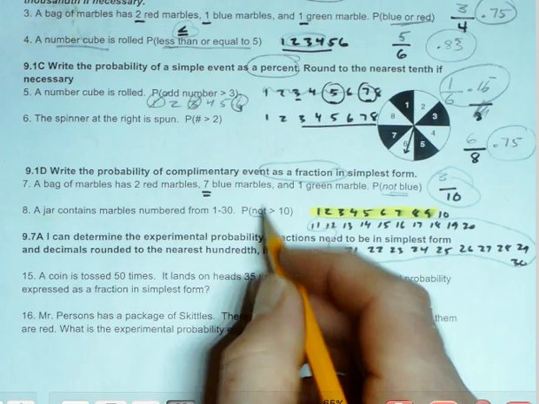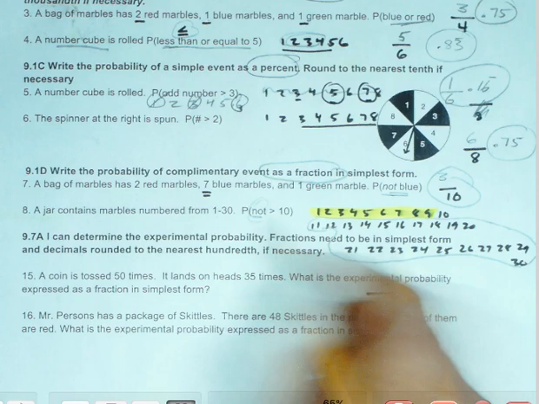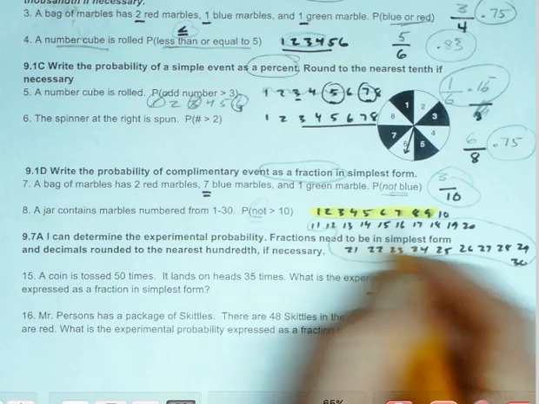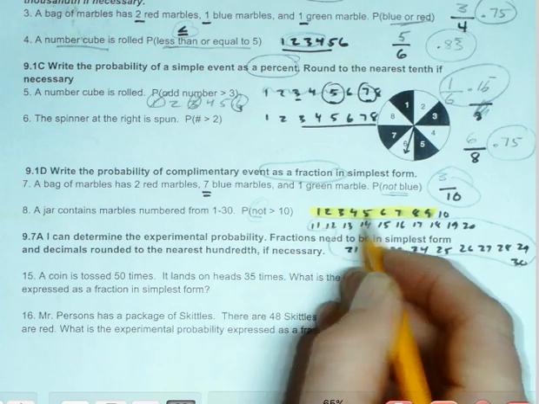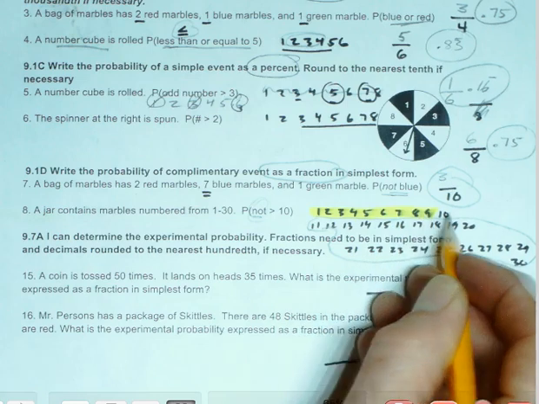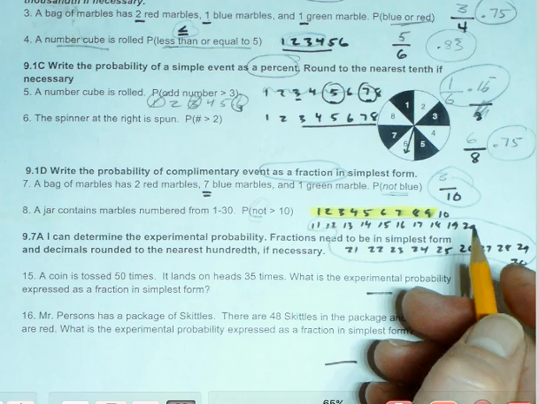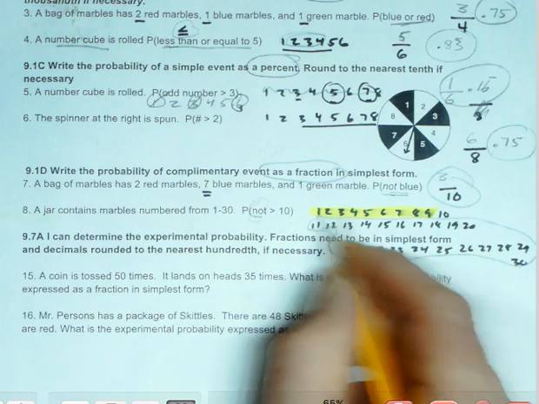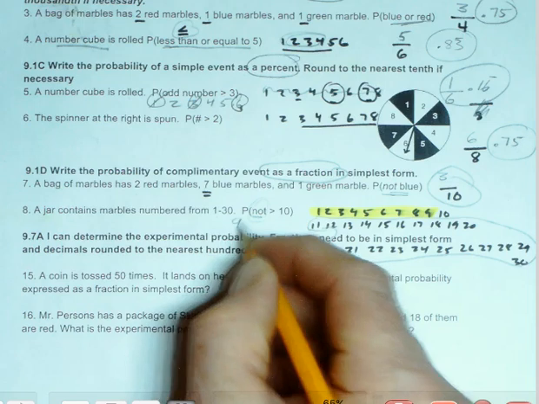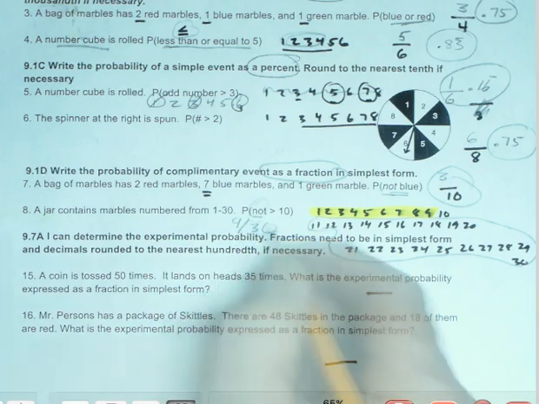So the ones that are not greater than 10 are going to be all of these ones here: 1, 2, 3, 4, 5, 6, 7, 8, and a 9. And then 10 is kind of that special number. It's not greater than, but it is equal to 10. So we have a total here of 9 out of 30.